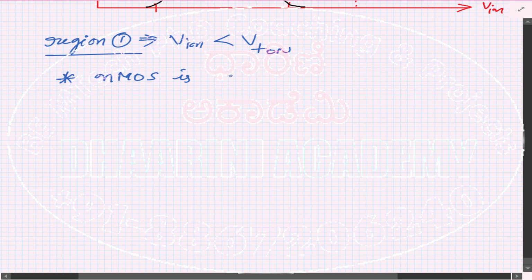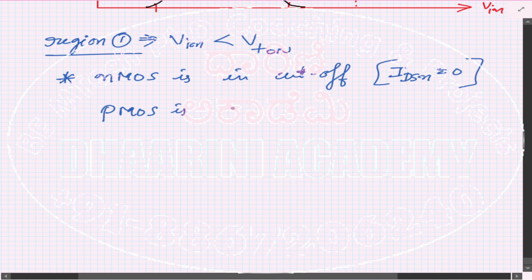NMOS is in cutoff, because I know that IDSN is equal to 0, no current is flowing. And if you check the conditions which we have written earlier for N MOSFET as well as P MOSFET, you can check that the P MOSFET is actually in the linear region.